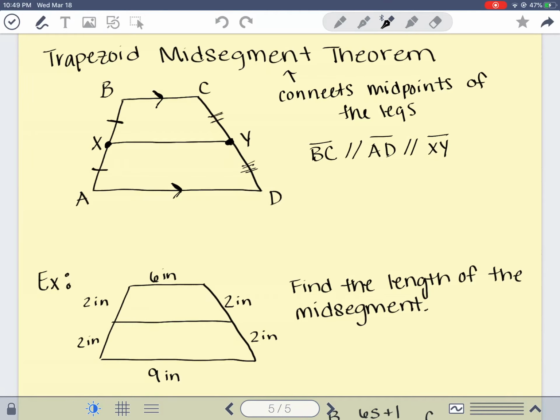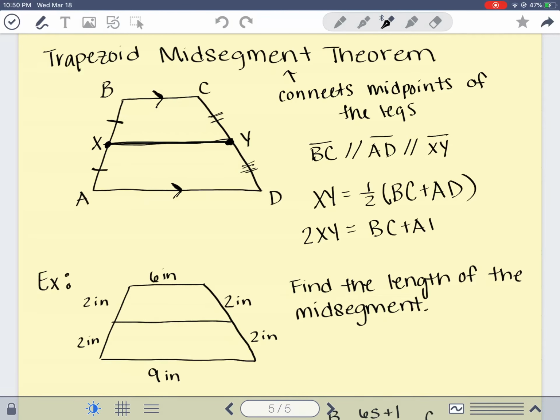The next thing, and the thing that you'll probably use more often, is very similar to in a triangle where we knew that the mid-segment was half of the base. We know that this mid-segment, xy, is going to be half of your bases added together. Another way of looking at this is that 2 of those mid-segments is equal to your bases added together.